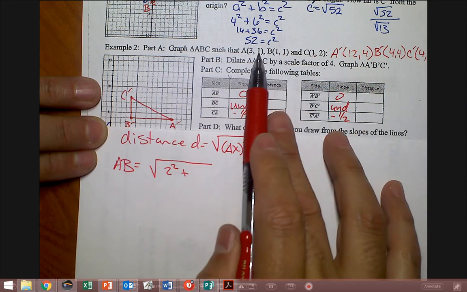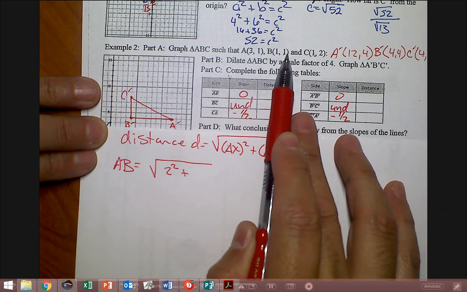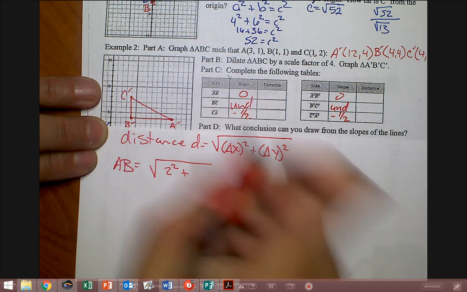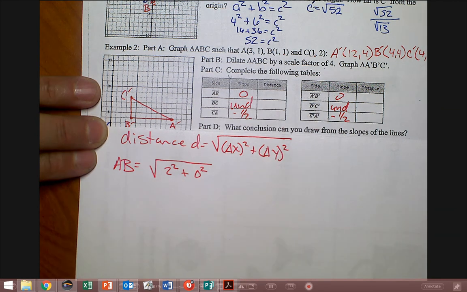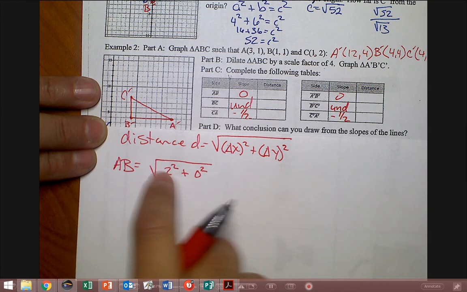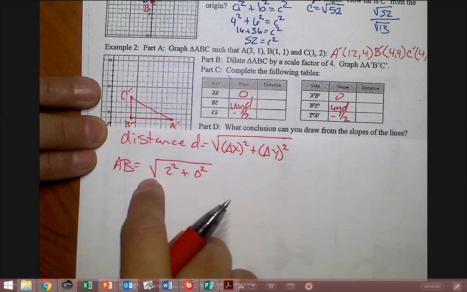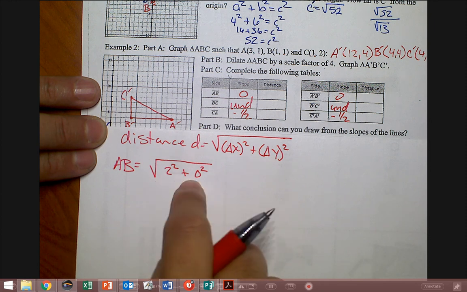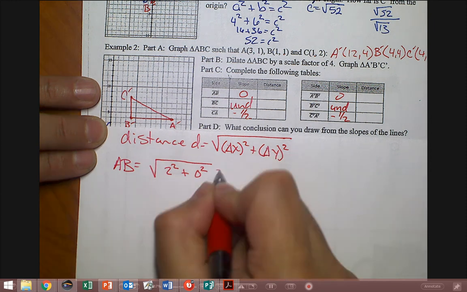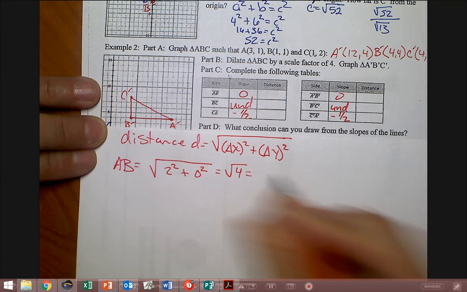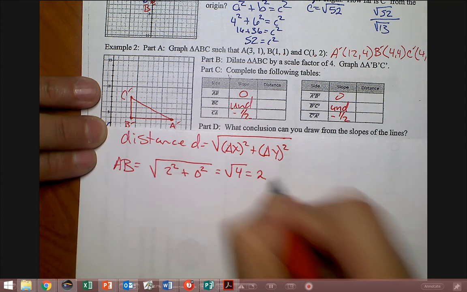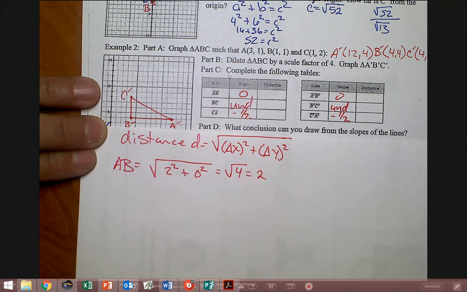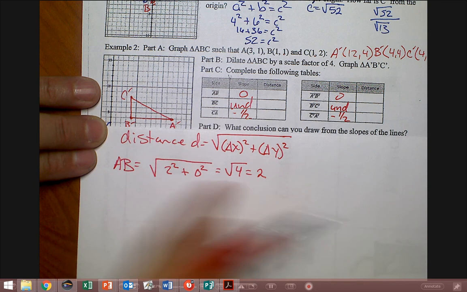Now, on a number line, how far is 1 away from 1? 0. Okay. So that's 4 plus 0, right? So that's the square root of 4, which is just 2. So we got AB out of the way.